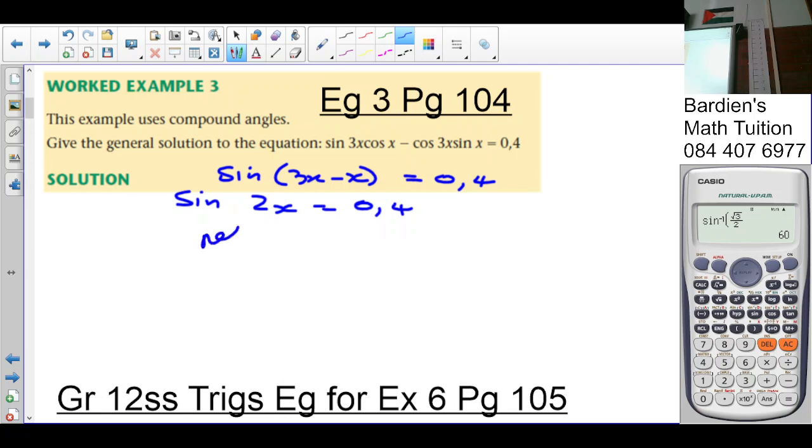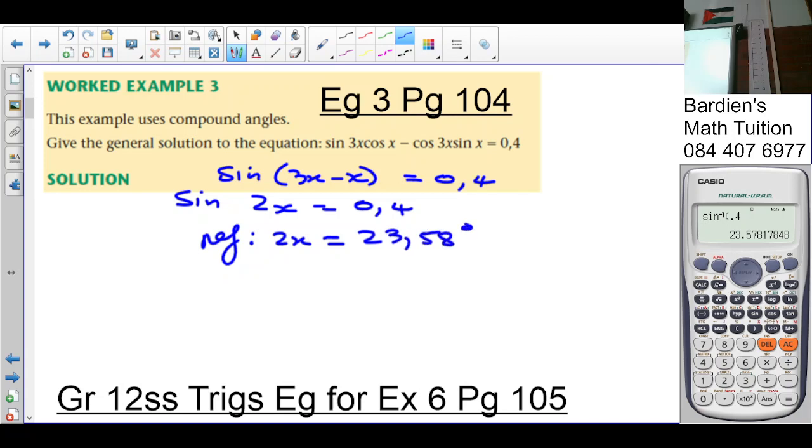So our reference angle for 2x is going to give us arc sine of 0,4. Okay? Arc sine of 0,4 gives us 23,58 degrees.